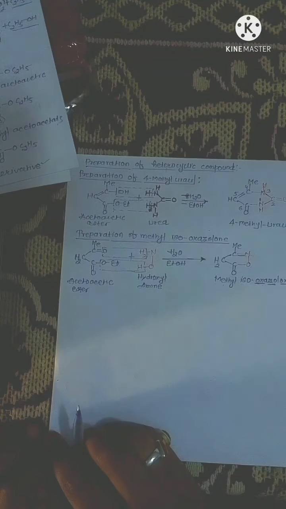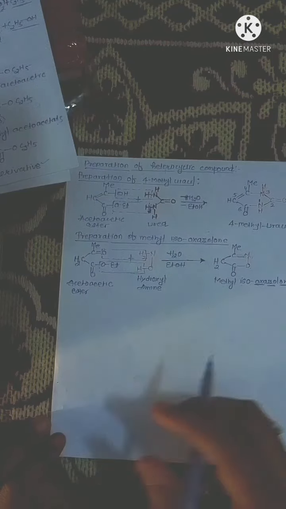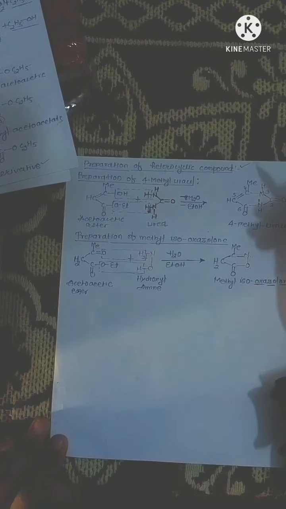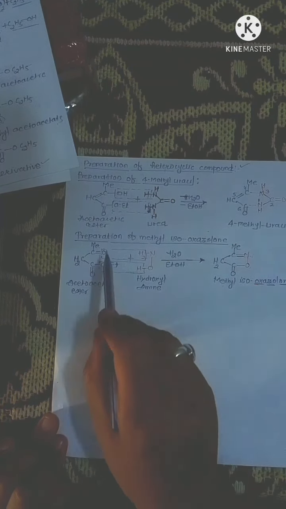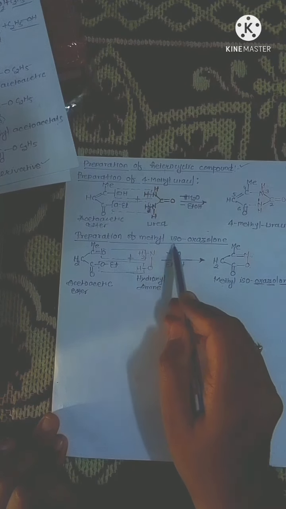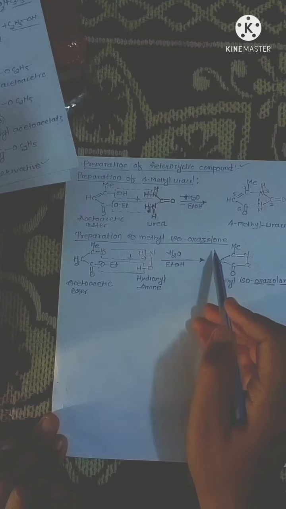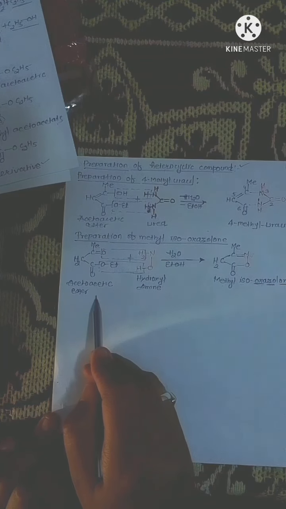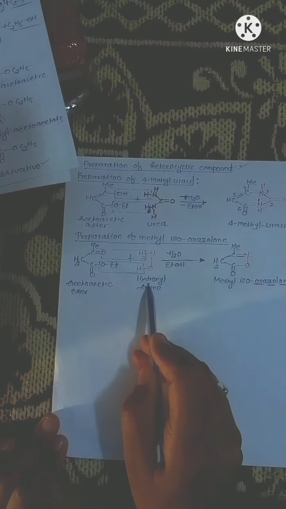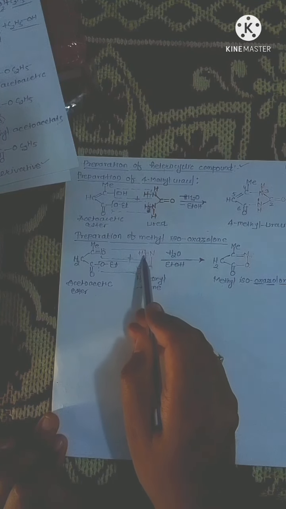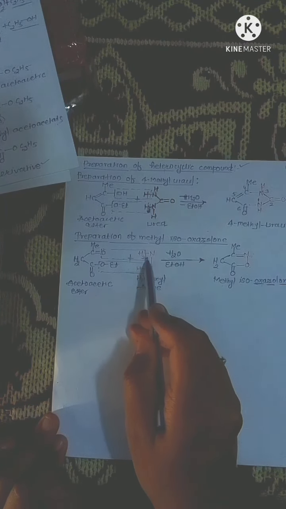Now we are going to see preparation of heterocyclic compounds from acetoacetic ester. First we are going to see preparation of methyl isoxazolone. If we take acetoacetic ester and react it with hydroxylamine, what is the formula of hydroxylamine?